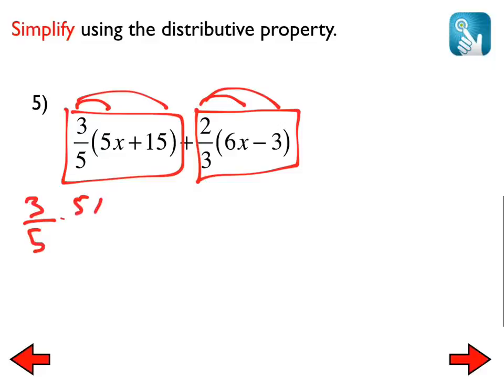3/5 times 5x over 1, then what? No, plus, then this one. 3/5 times, what's the next part? This one.